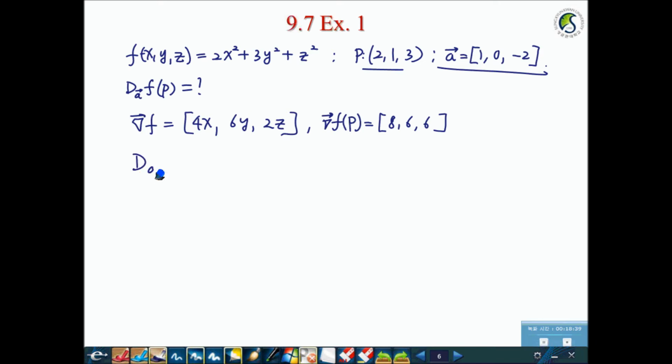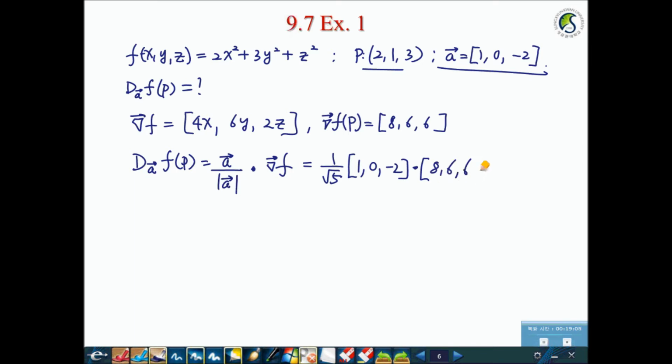So D_A f of P is A divided by its length, dot product with this. So it's 1 over square root of 5, and (1, 0, -2) dot product with (8, 6, 6), which is -4 over root 5. So the calculation is easy.